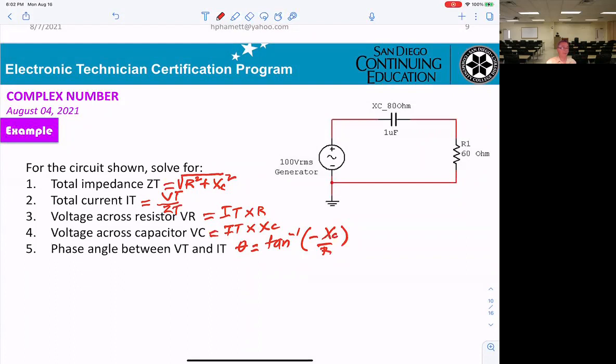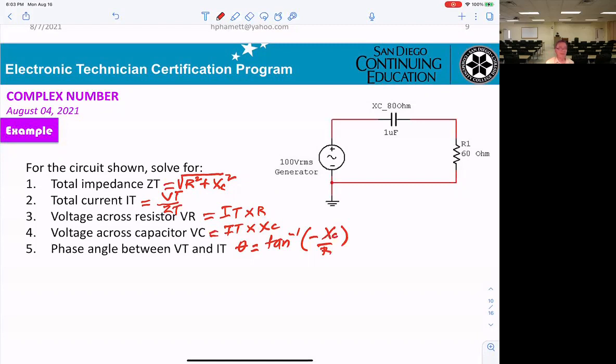Now, the question on number 5. We calculate the phase angle between VT and IT. In this circuitry, you understand you get a VR, IR in phase.